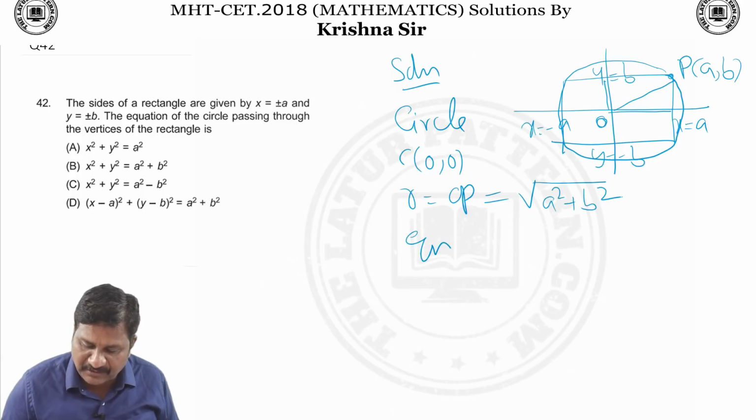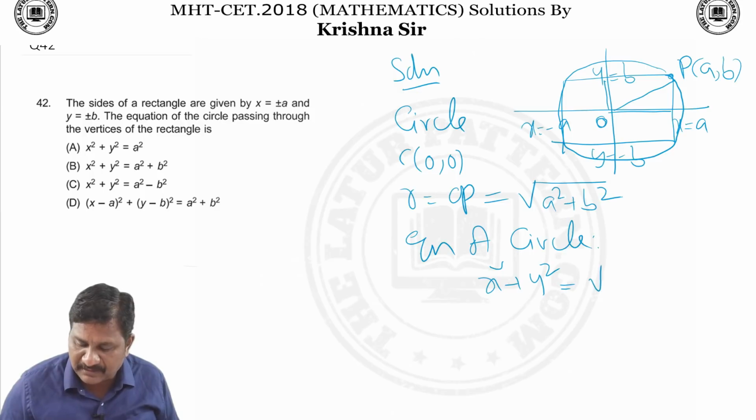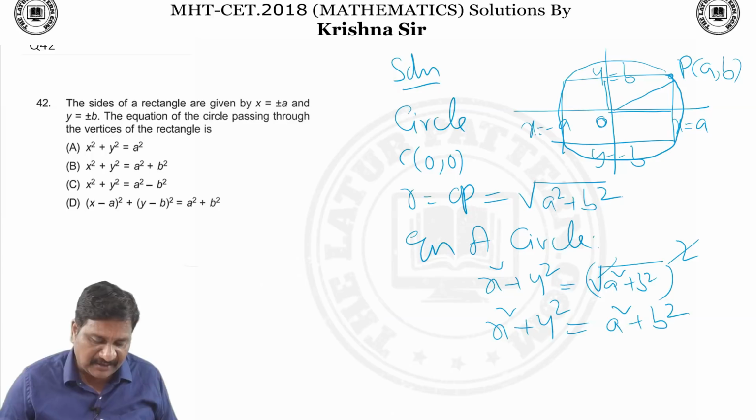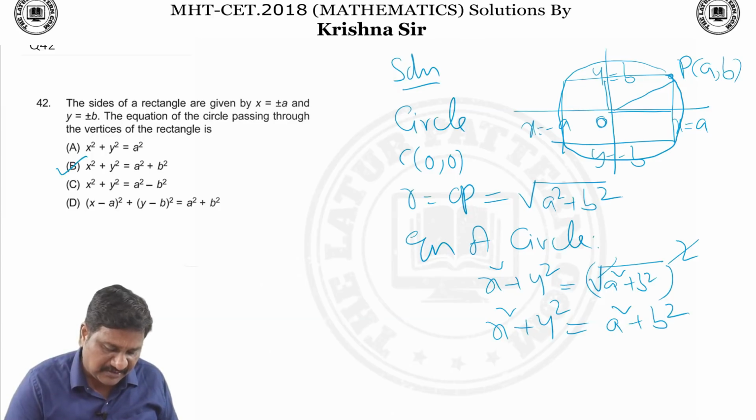Therefore equation of circle, we are getting from our diagram x square plus y square is equal to r square, that is root over a square plus b square whole square, where square root cancelled. Then equation of circle is x square plus y square is equal to a square plus b square. From the given options, answer is B.